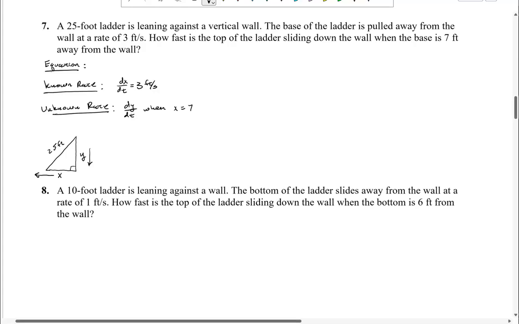So looking at our triangle here, we've got an x, a y, and a 25, and they're related using the Pythagorean theorem. So there's our equation. And so we'll take the Pythagorean theorem and we'll differentiate with respect to t.